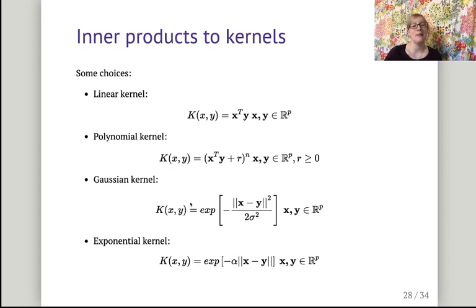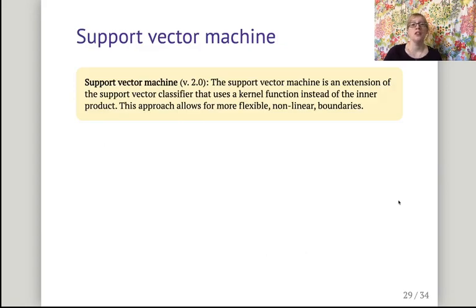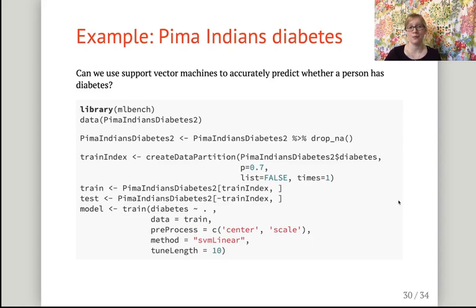There are a lot more that are implemented in R as well. So this support vector machine just takes the support vector classifier and uses a kernel function. What ends up happening is that we're allowing for more flexible and non-linear boundaries, which is pretty nice.